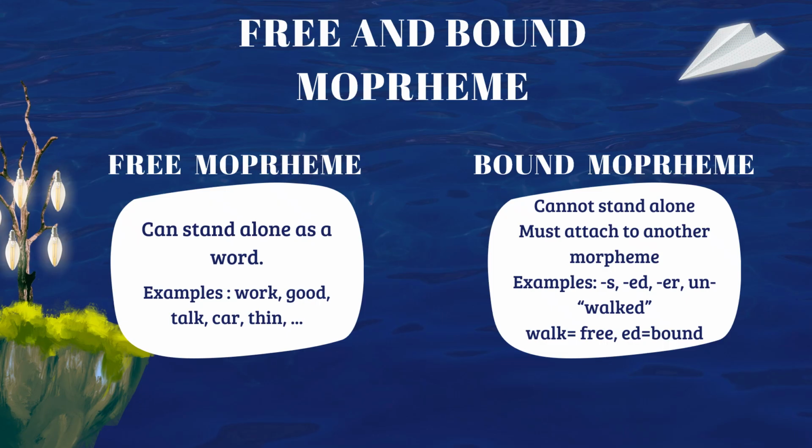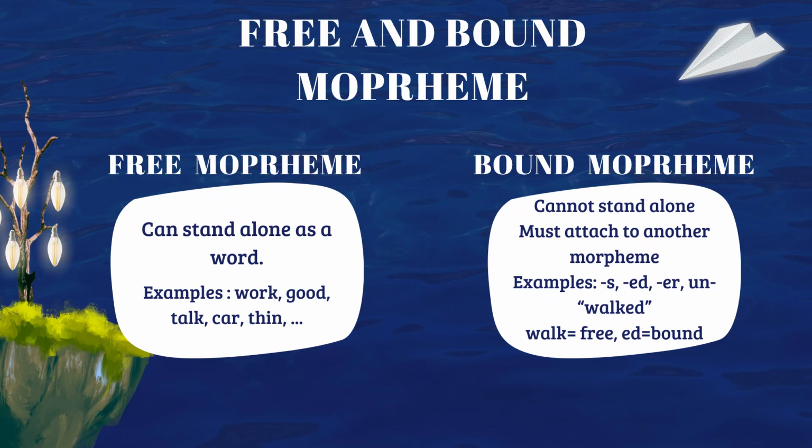Then there is bound morpheme. This one is the opposite. It cannot stand alone. It has to be attached to another word or morpheme to have meaning. Usually, these are the parts we add at the beginning or the end of a word.